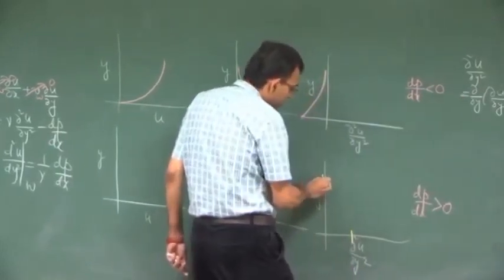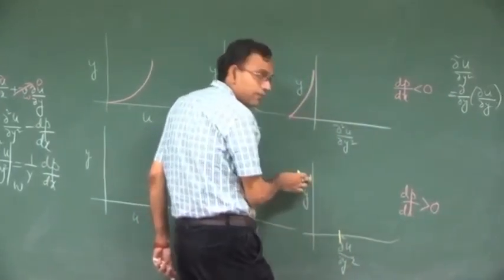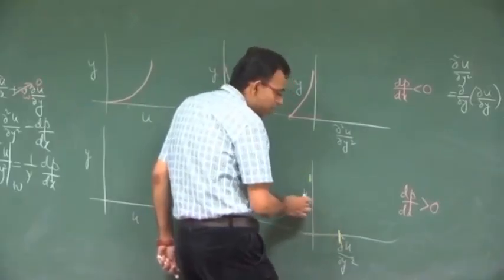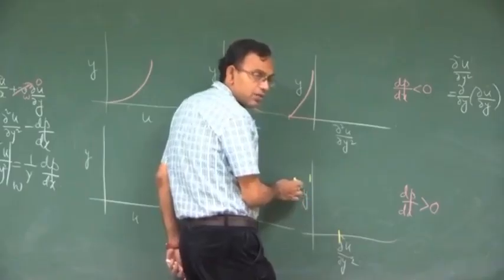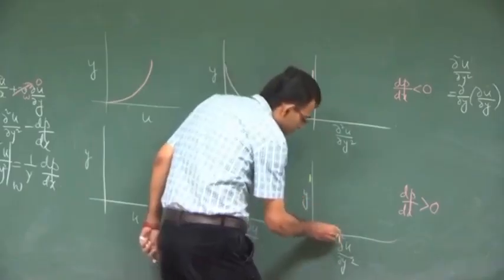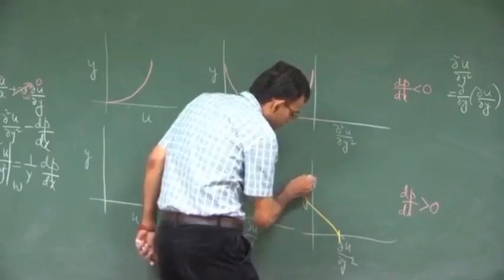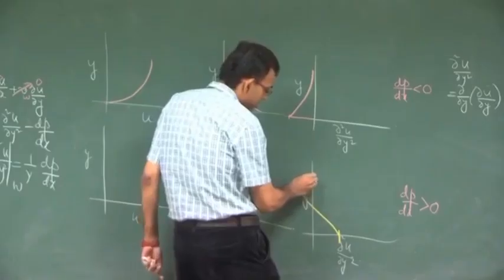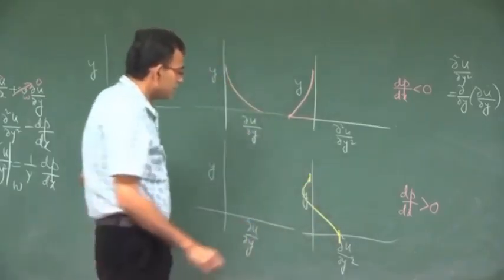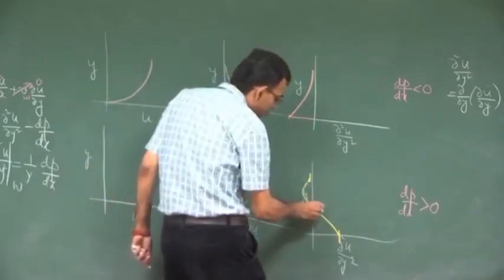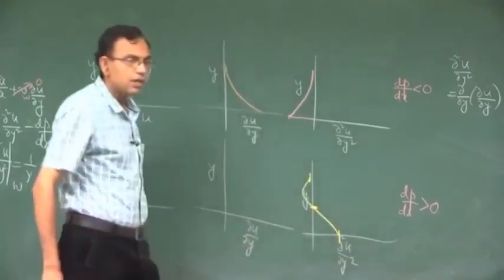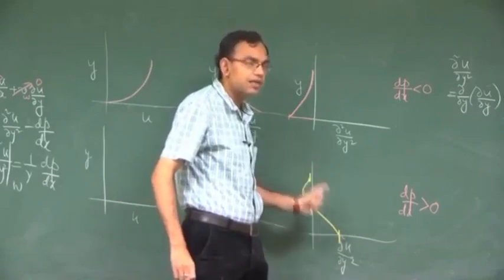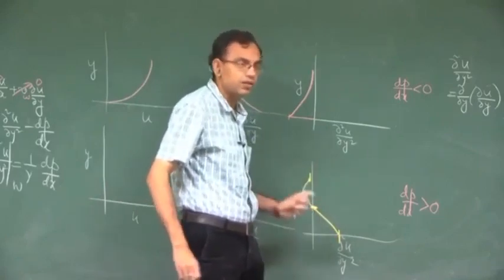So, it is asymptotically 0 somewhere. It is negative far from the wall, positive here, that means because it is continuous it must have crossed the y axis somewhere. So, this means that there is a point at which d2u dy2 is 0. At the wall it is positive, at the far stream it is negative, it is continuous, so somewhere it must cross the 0.